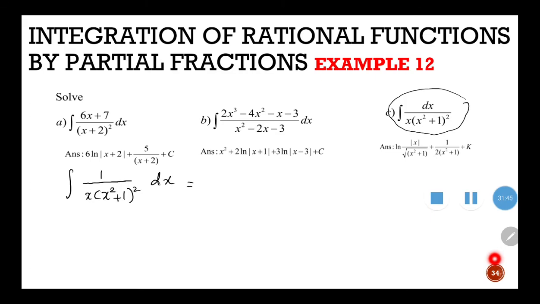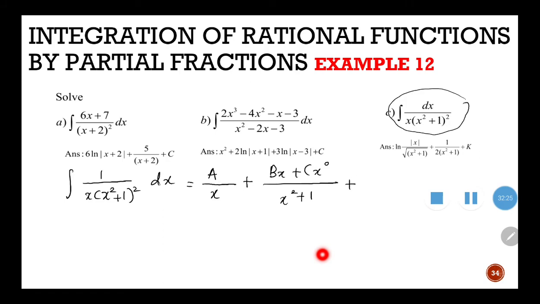Okay, so what you should do is follow the formula: if you come across this kind of rational fraction, this is the way that you should move on. So A over x, and Bx plus C over x squared plus 1.